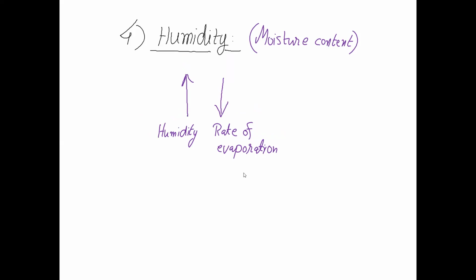Humidity is the moisture content in a medium. So if air is humid, it means it contains a lot of moisture, and then evaporation will be slow. So in humidity, the rate of evaporation decreases. You have to copy this.